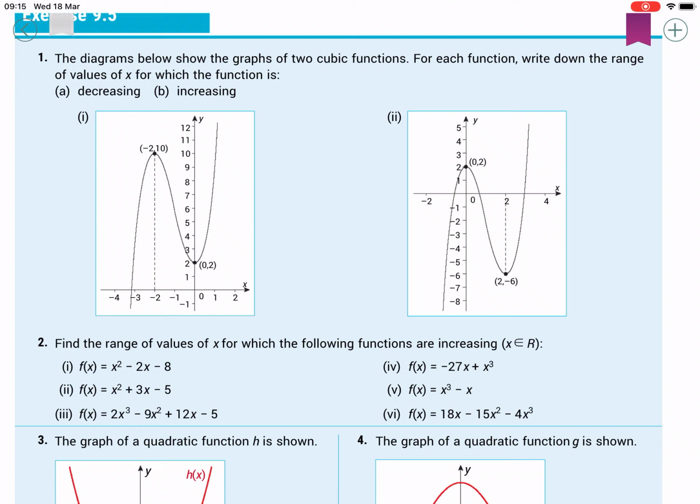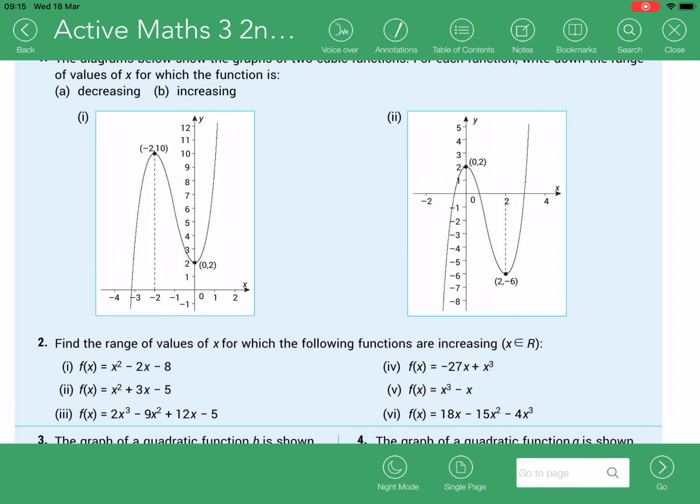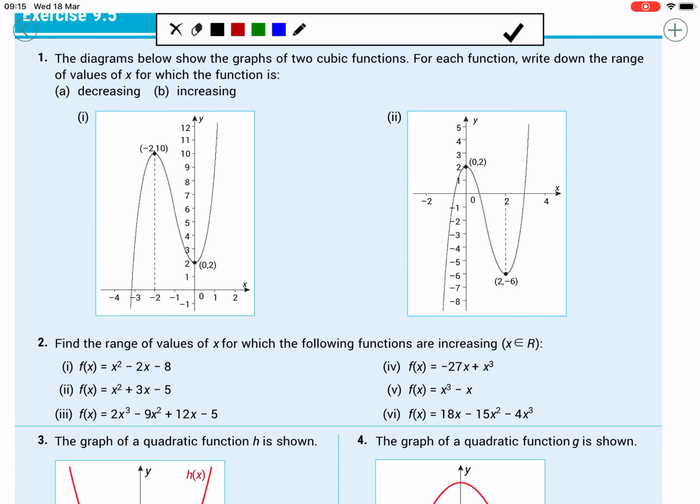So if we think about the values of x, what we're looking for is where the function is decreasing.